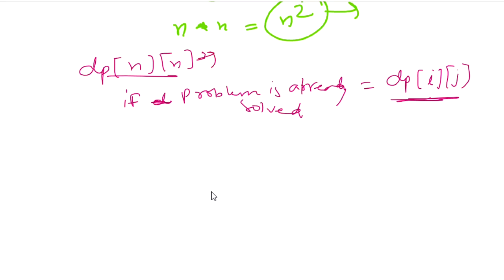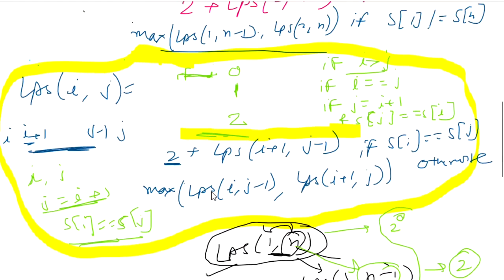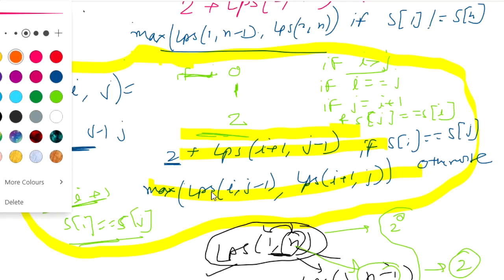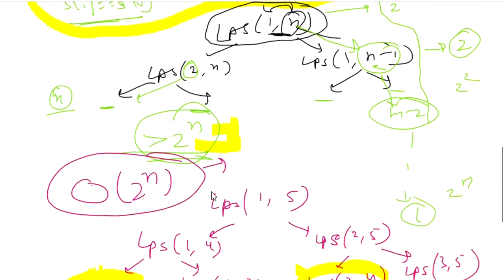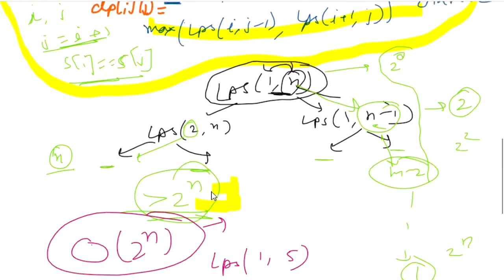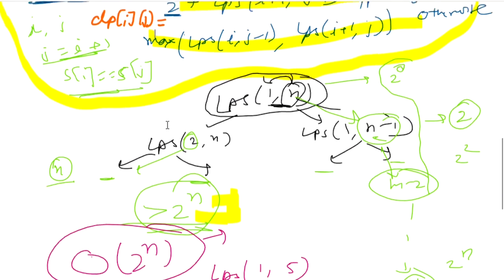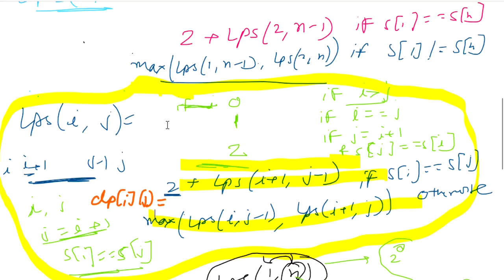If the problem is not solved, then we'll solve it using these two conditions, and whatever answer we get, we'll assign to dp[i][j]. In this case, we can optimize our solution to O(n squared) time and O(n squared) space complexity. So our algorithm is over.